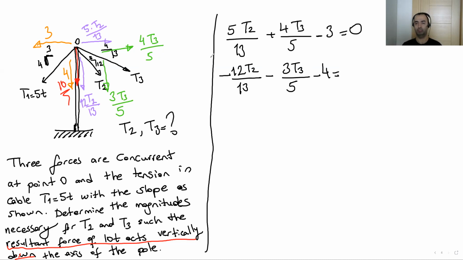Here in the vertical direction, we have 10 tons in the negative y direction. So this will be minus 10.